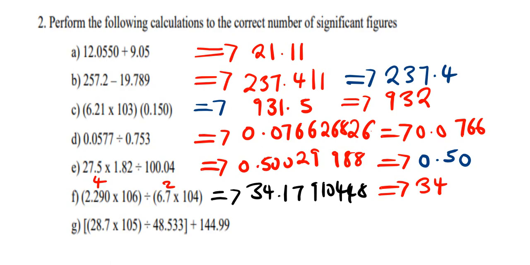For the last one, I'm just going to put it the way it is. I open the brackets. I'm going to have 28.7 multiplied by 10 to the power 5. I close. I divide by, then that is 48.533.